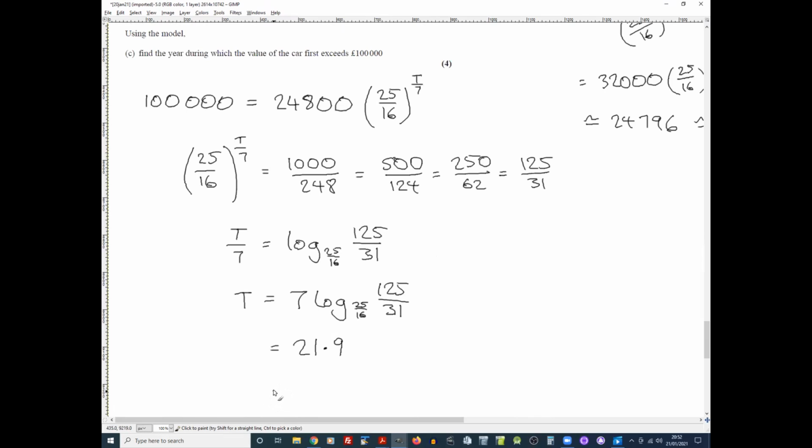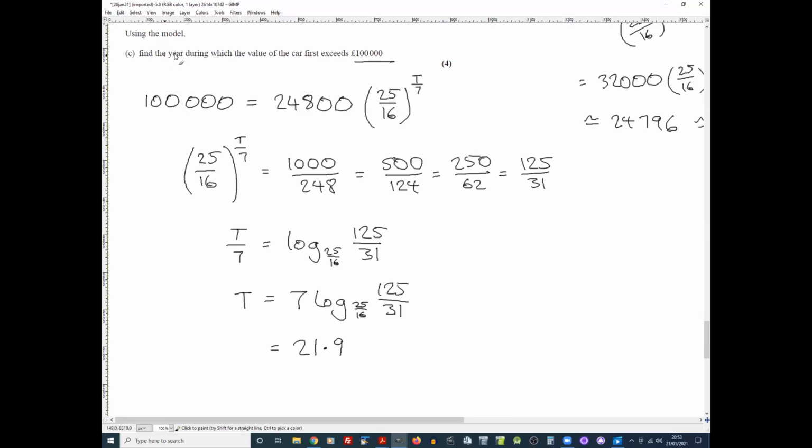If you think about it, 21 years after the start, it won't quite have reached the value, will it? So 2001 plus 22. Oh no, sorry, they did want the year during which. In which case, I take it back.